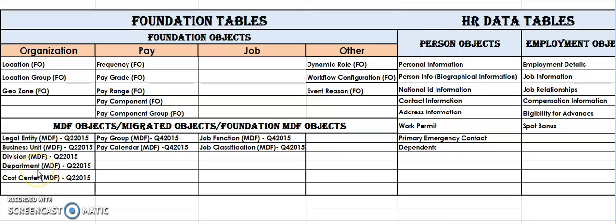And the next is the department. In general, we cannot create a global department. It is a further classification of the division, and it represents line of business operations.